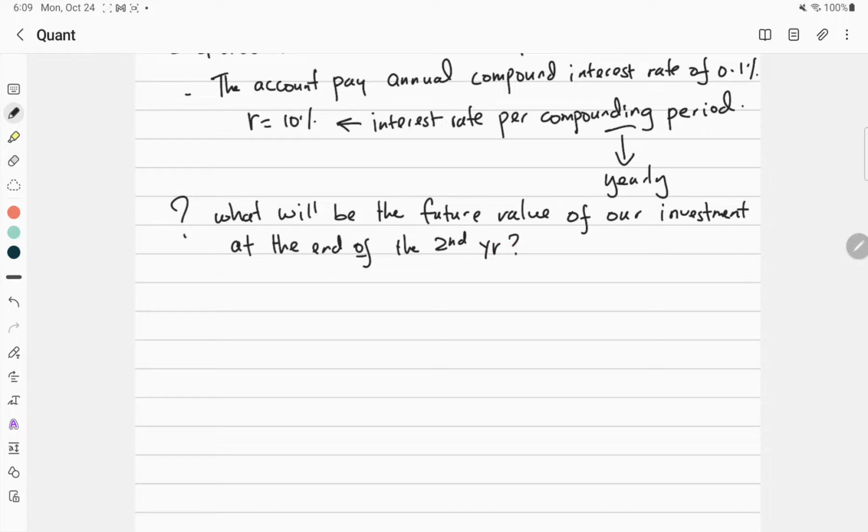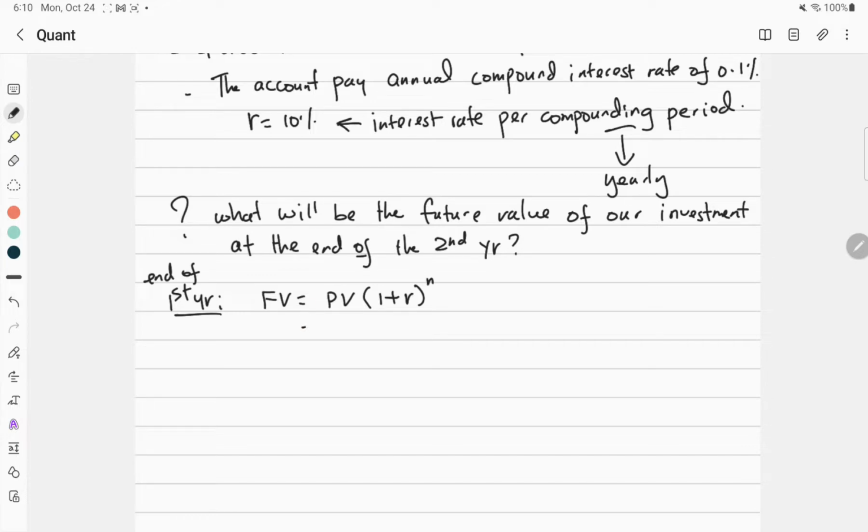Okay, so first let's calculate what the future value of our investment will be at the end of the first year. The future value is calculated as present value multiplied by 1 plus the discount rate raised to the number of years.